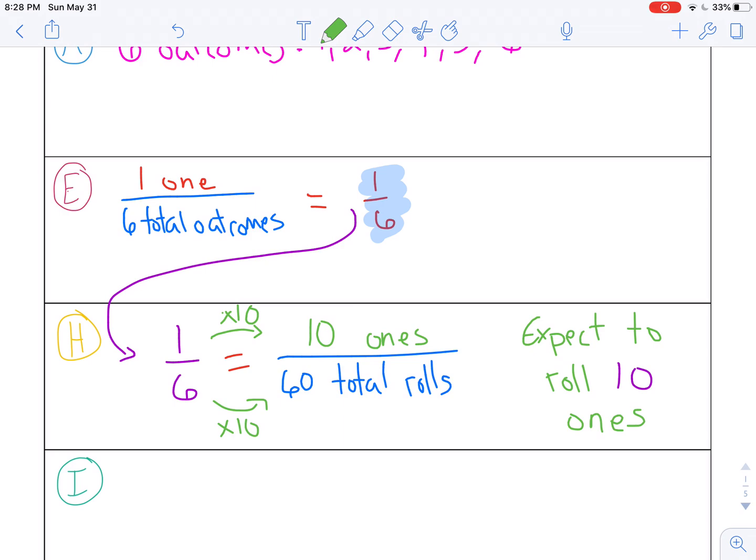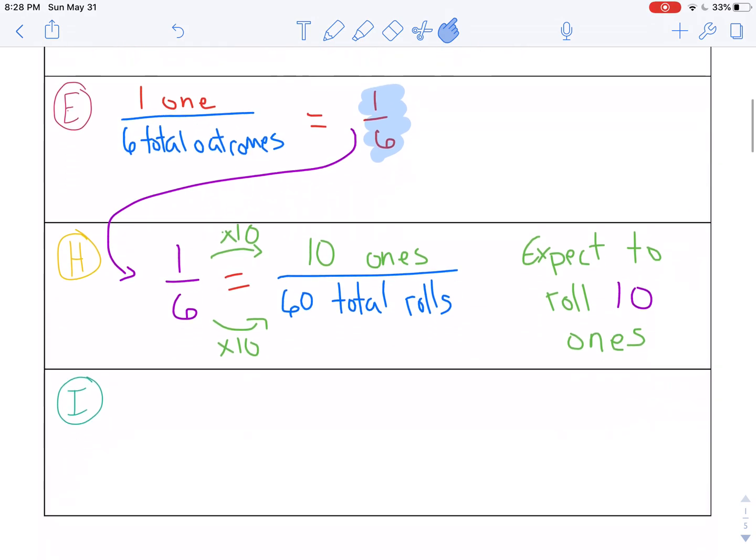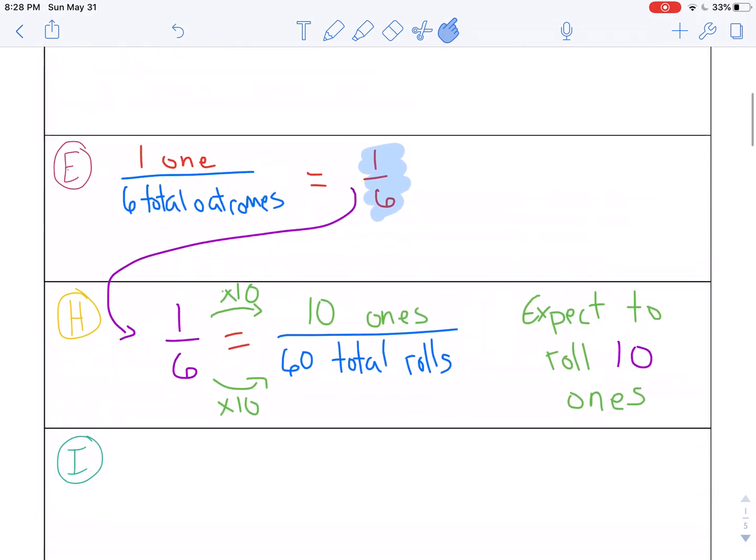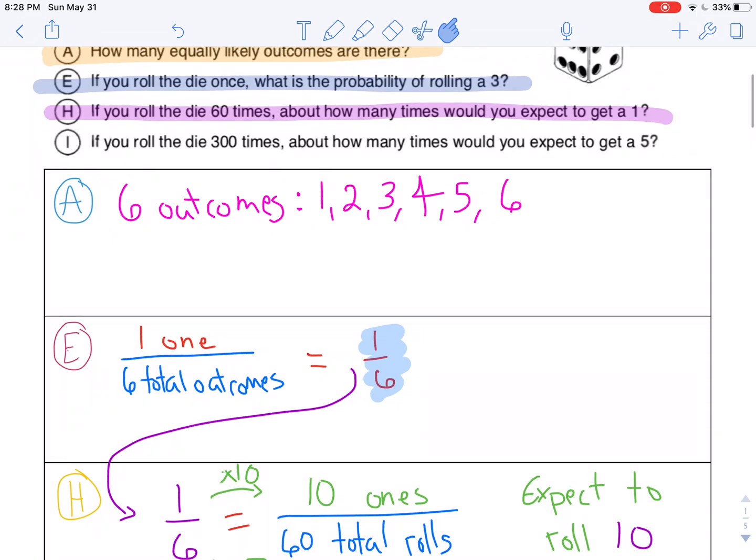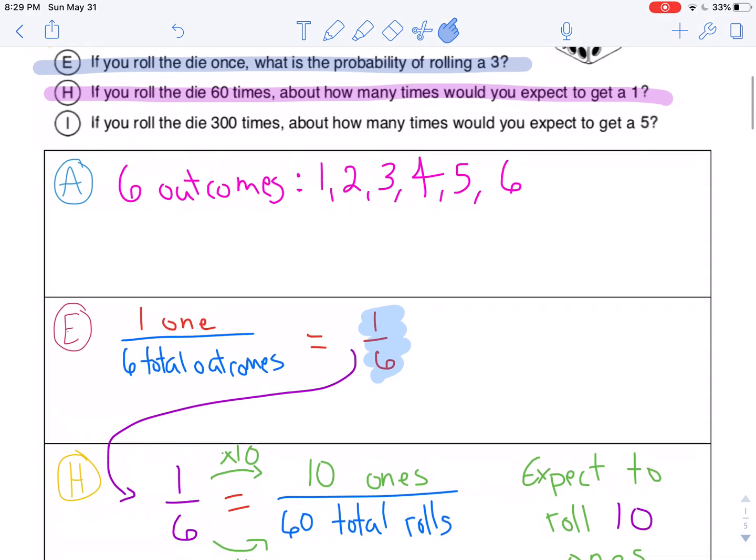Out of the 60 times that I roll that die, 10 times it's going to land on a 1. All right, I'm going to leave I for you. I is almost exactly like H, except this time you're going to roll it 300 times.